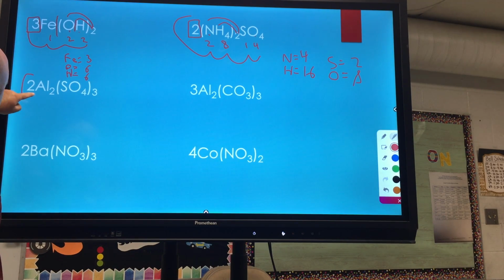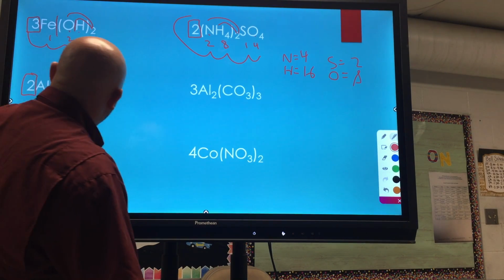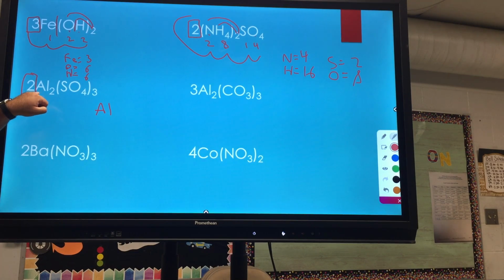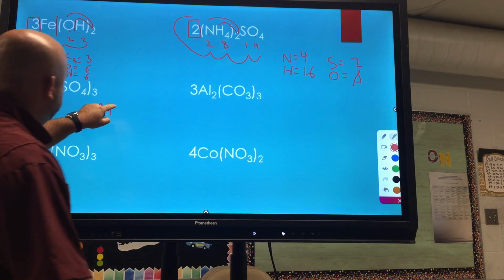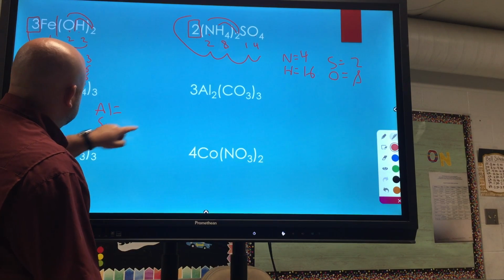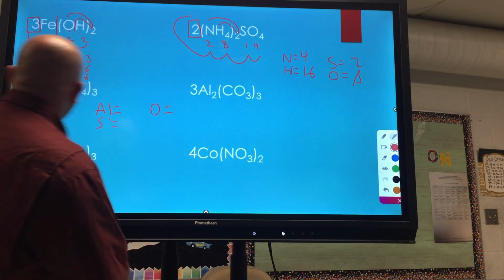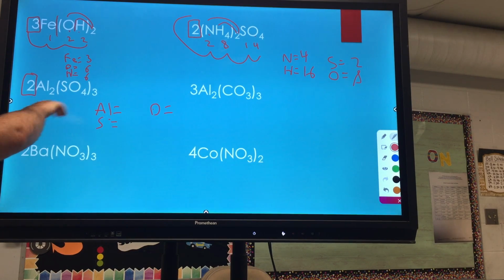All right, next one. Let's put that 2 in a box. Let's look. We've got Al. Remember, that's a lowercase L, not a capital I. S, O. All right, worry about the 2 later. Let's go through and work out the problem. So we've got 2 aluminum, we've got 3 sulfur, and we've got 12 oxygen.